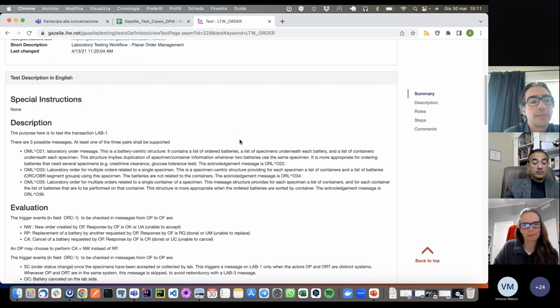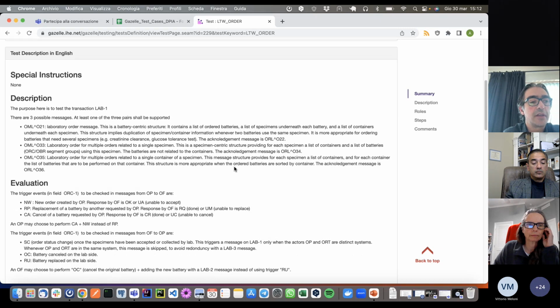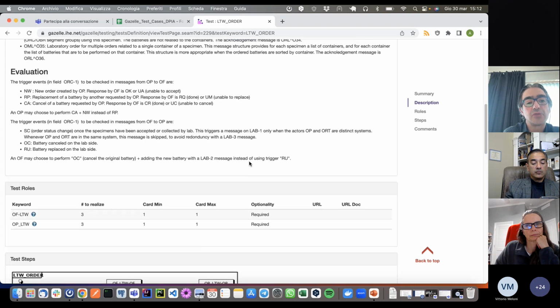We also have the choice, from the order placer, of which kind of dialogue or allowed HL7 messages can be used to send the orders, and then situations of new order creation, replacement of a previous order, or cancellation of a previous order are also addressed, and some trigger events related to that.